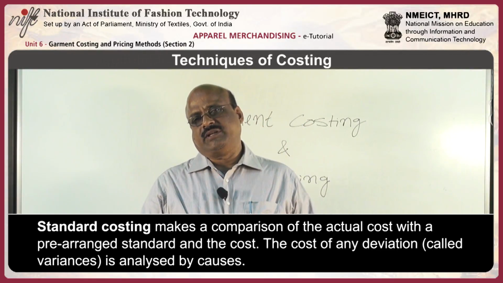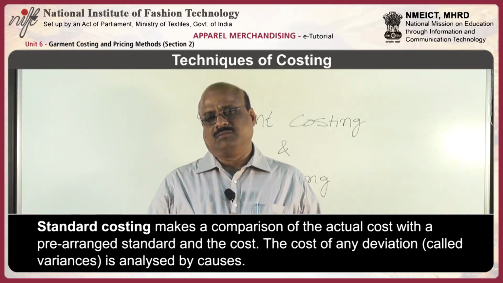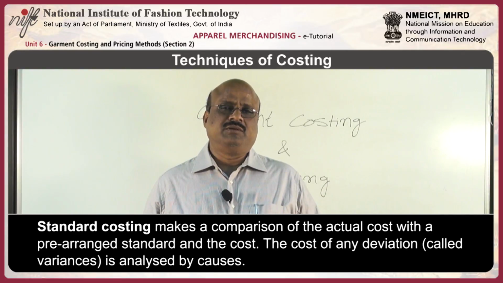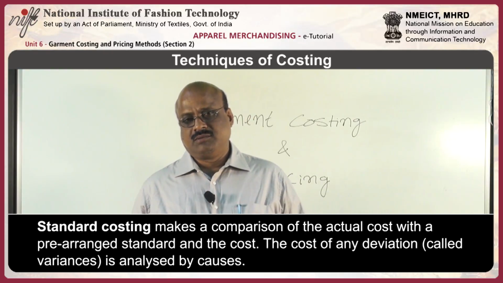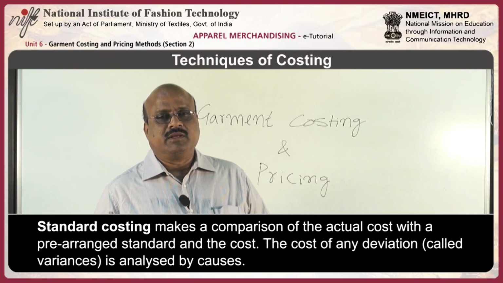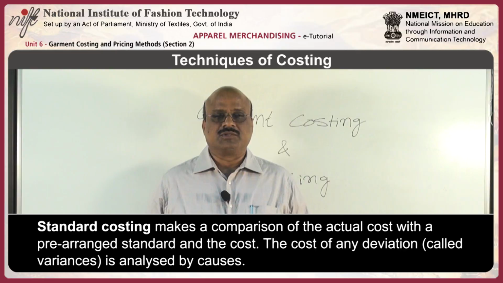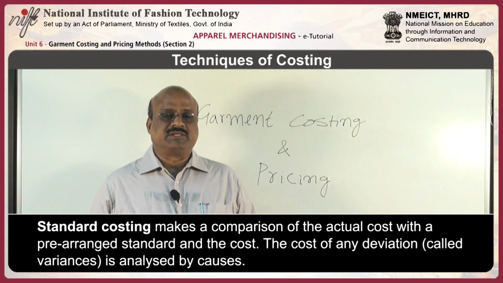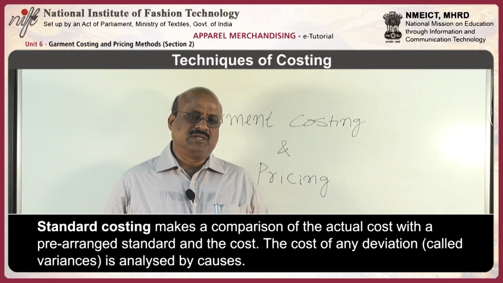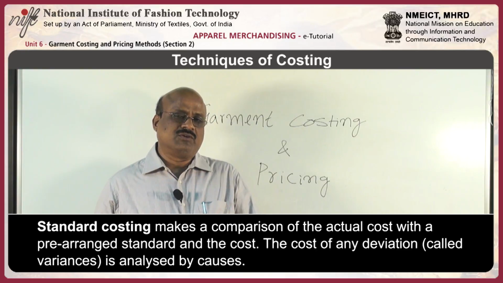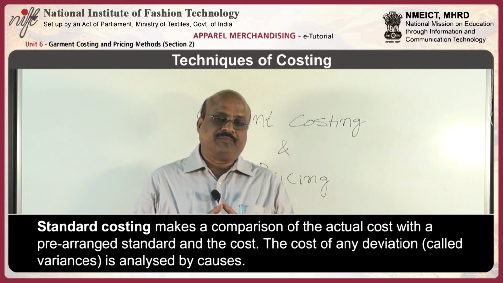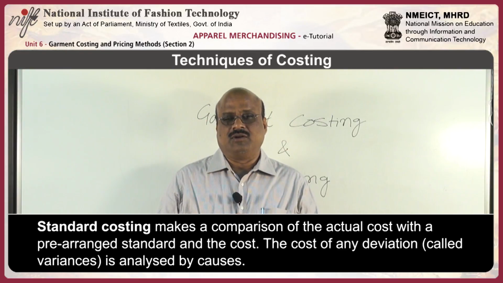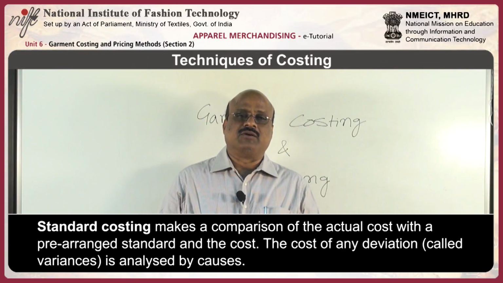The next costing technique is standard costing. Standard costing makes a comparison of the actual cost with a pre-arranged standard cost. The cost of any deviation, called variances, is analyzed by causes.